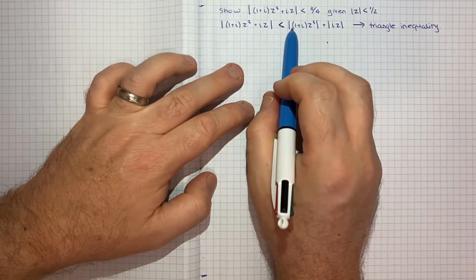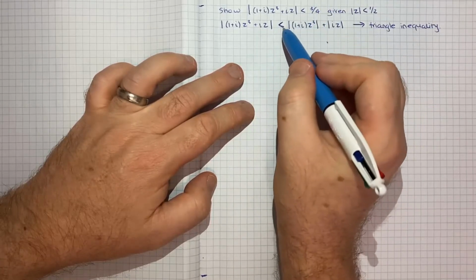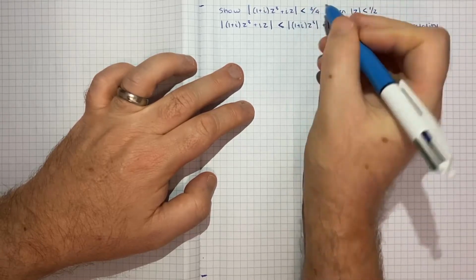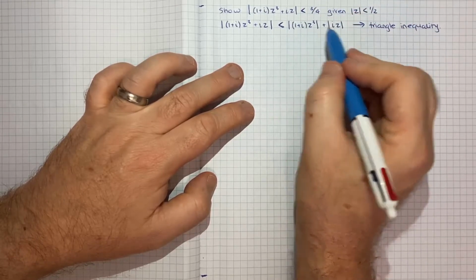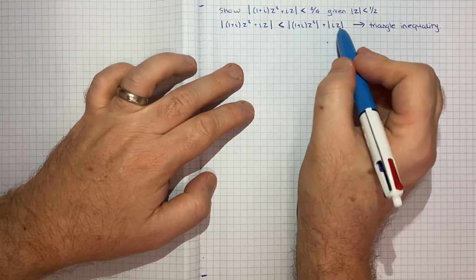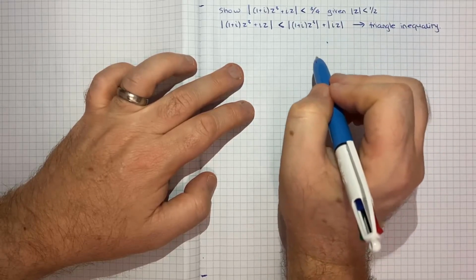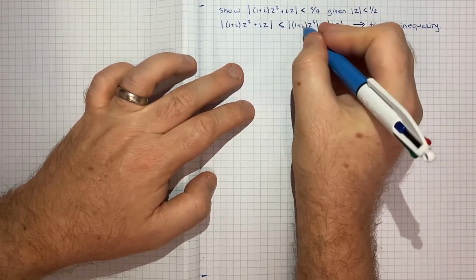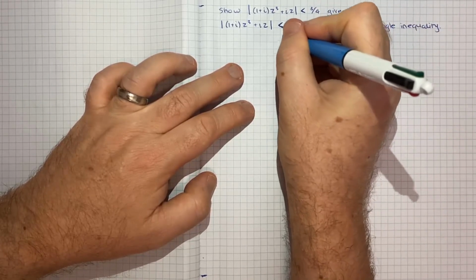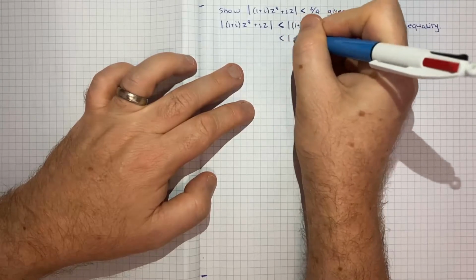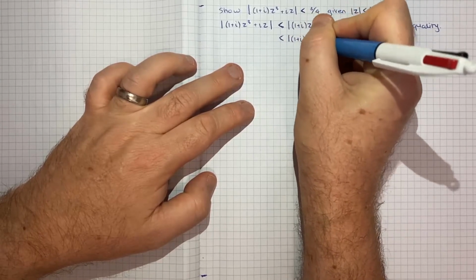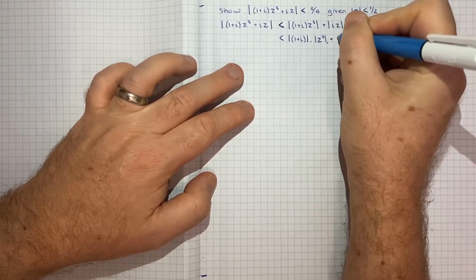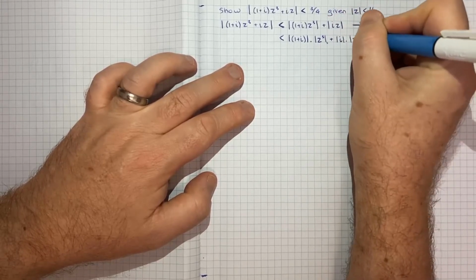But that now, first of all, gets us an inequality. So it gets us into the zone we want. And these individual moduluses will be easier to deal with. So the next thing we can say is that the modulus of each of these, because they're one thing multiplied by another, is the modulus of each thing multiplied individually, plus the modulus of i times the modulus of z.